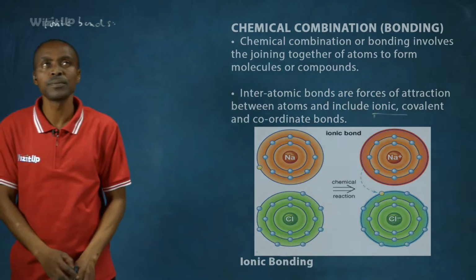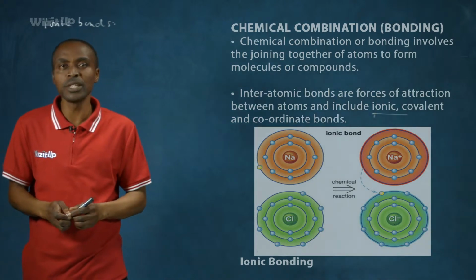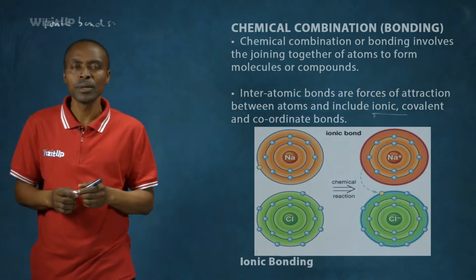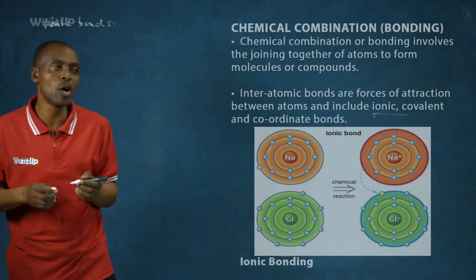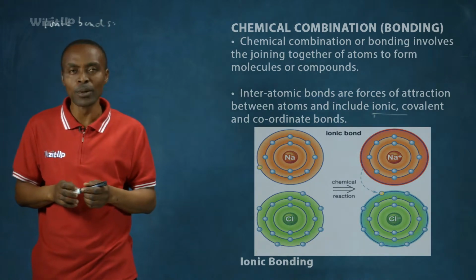When we talk about ionic bonding, we are talking about the transfer of electrons from a metallic atom to a non-metallic atom to form an ionic compound.